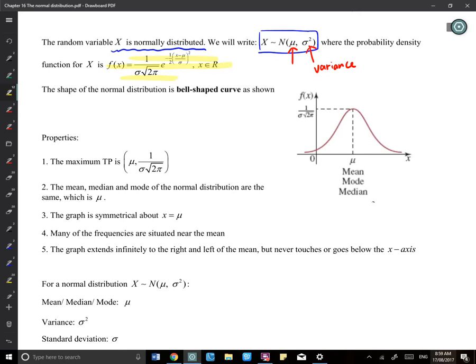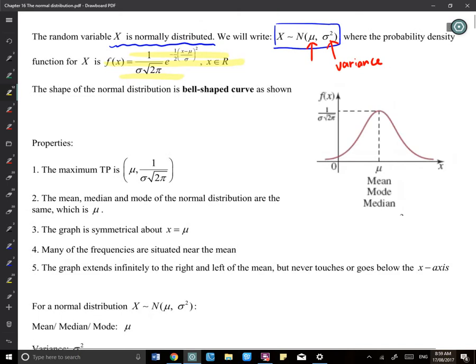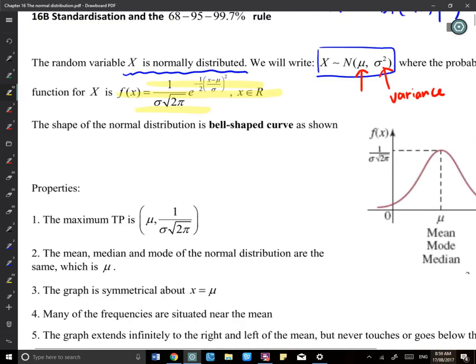So this one: 1 over sigma, where sigma is the standard deviation. It is 1 divided by the standard deviation times the square root of 2 pi, times exponential of negative a half times the bracket (x minus mu) divided by the standard deviation, squared. That will be the function. Okay, that will be the function.